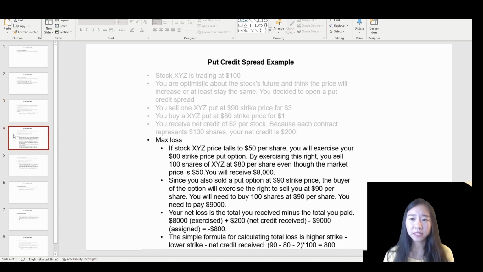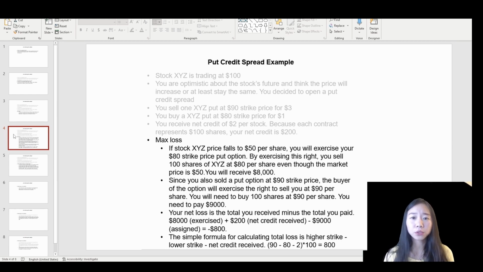If the stock price falls to, say, $50 per share, you will exercise your put option that you bought at the strike price of $80. So you will sell 100 shares of XYZ at $80, even though the market price is $50. Selling 100 shares, or exercising this right, you will receive $8,000 just by exercising this right.